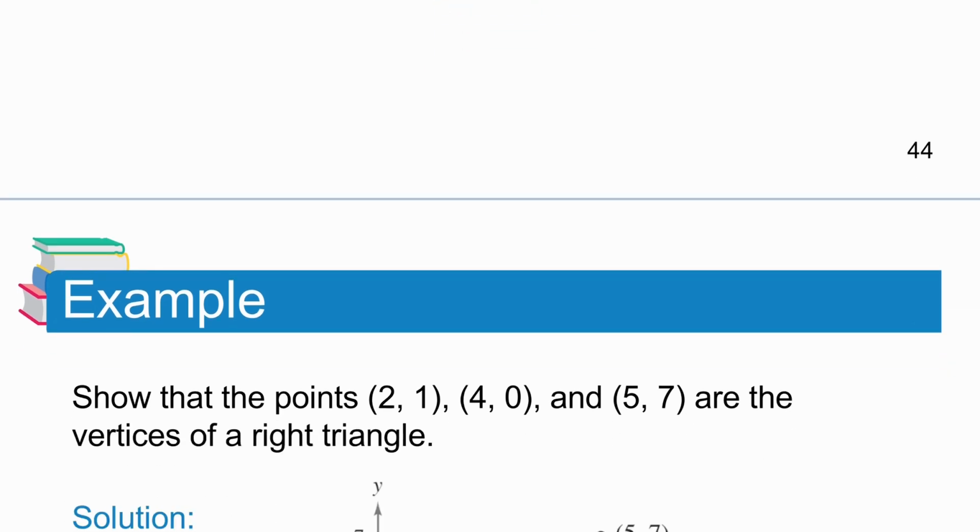Okay, so here we want to confirm that we actually have a right triangle. So I can find the distance between these 2 points, and find the distance between these 2 points, and then find the distance between these 2 points, and see if they fit the Pythagorean theorem. And if they do, then they are a right triangle.